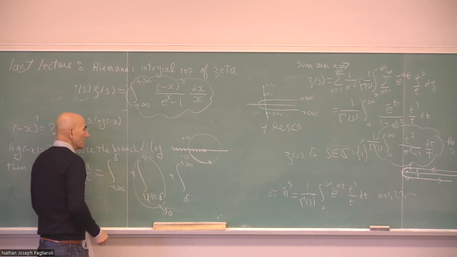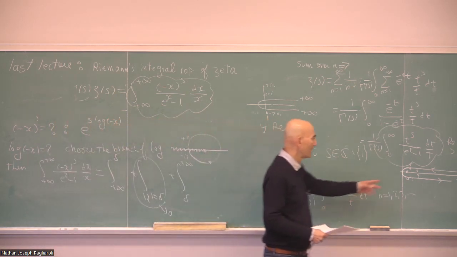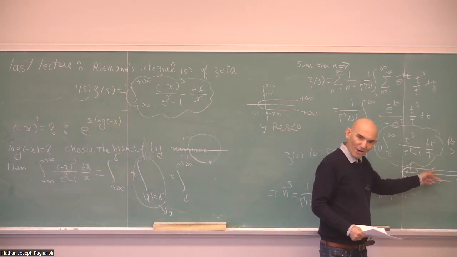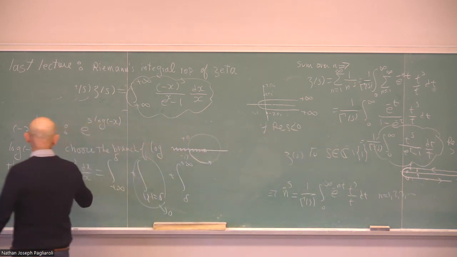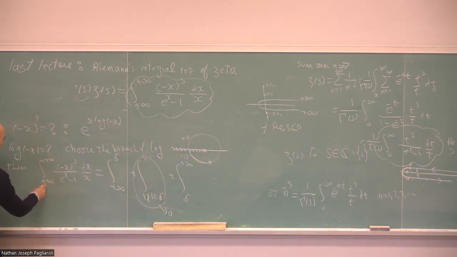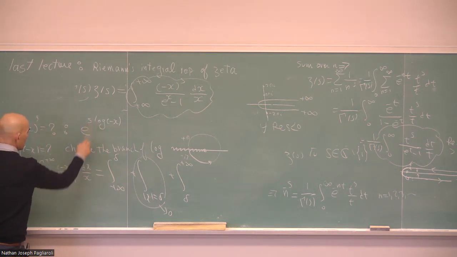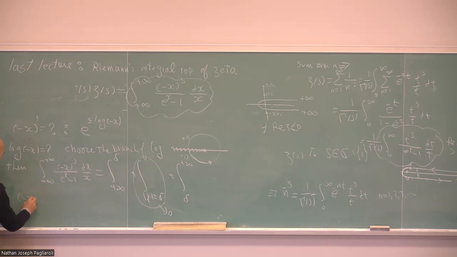Now, on this line, something very interesting happens. As you push down this line to the axis, what happens to log minus x, for example? Because here we have this definition. So we have minus x to the power s, which is e to the s log minus x.